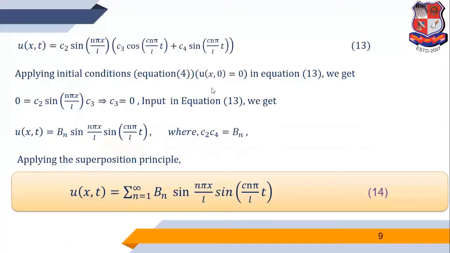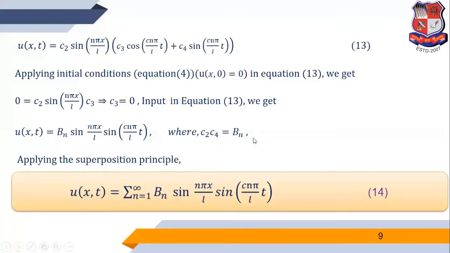And C3 equal to 0, we put in equation number 13, then we get u(x,t) is equal to Bn sin(n pi x by L) into sin(C n pi by L into t), where C2 into C4 is equal to Bn, where n is equal to 1, 2, 3 and so on.